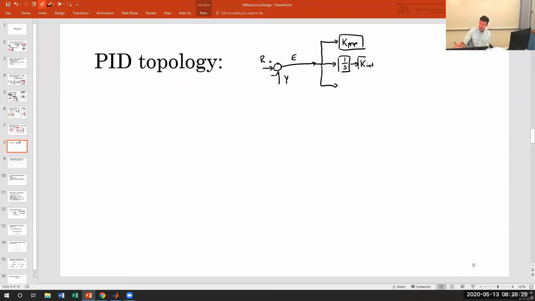And in the other branch, we're going to differentiate, and we're going to scale that, you guessed it, K derivative. And at the end, we're going to add these up. And this is sometimes called the U of s, so the controller effort.